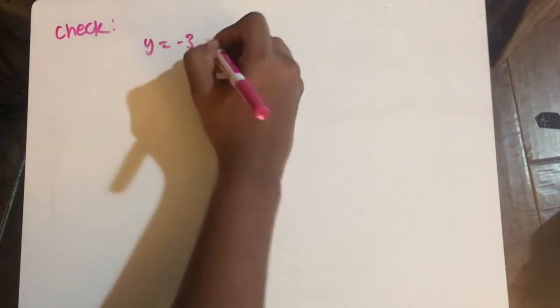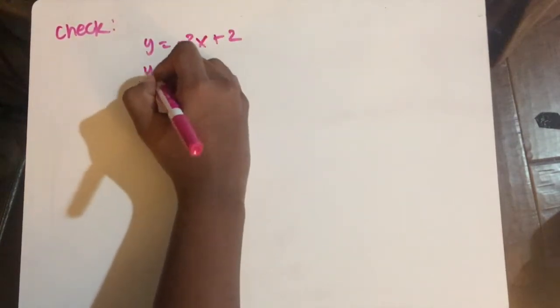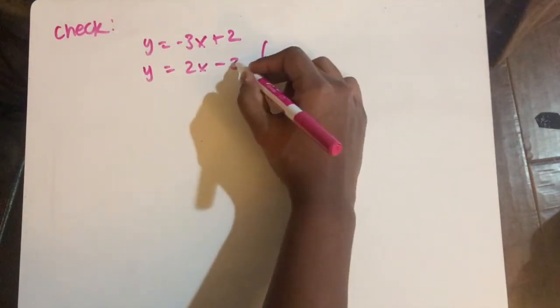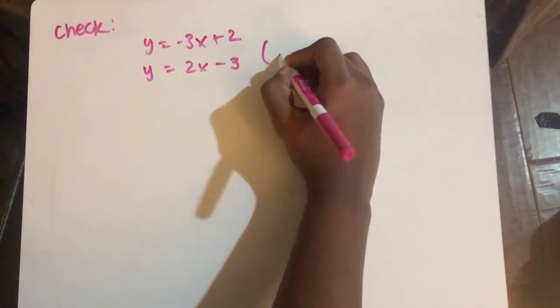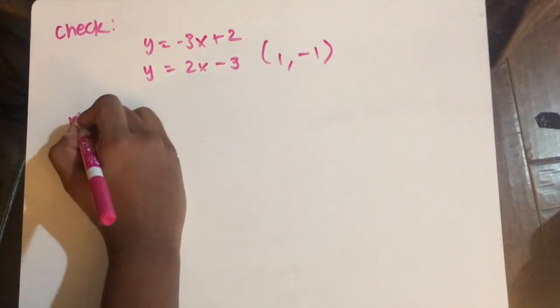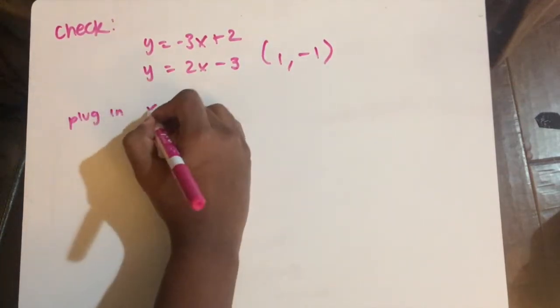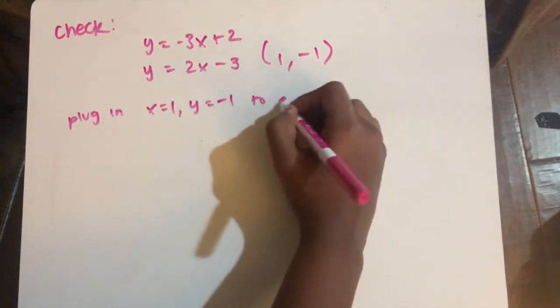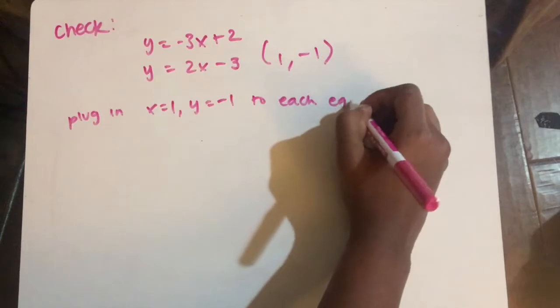We will now be checking to see if the solution that we found in the graph of our example matches. In order to do this, we will be plugging in the answer to both of the equations. So in this particular problem, we will be plugging in x is equal to 1 and y is equal to negative 1 into each equation and seeing if the solution works out.